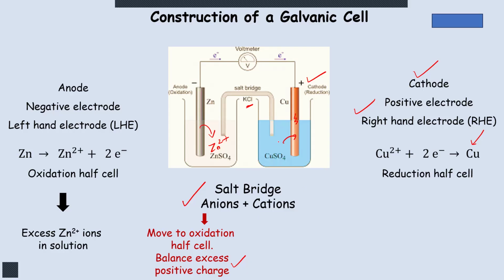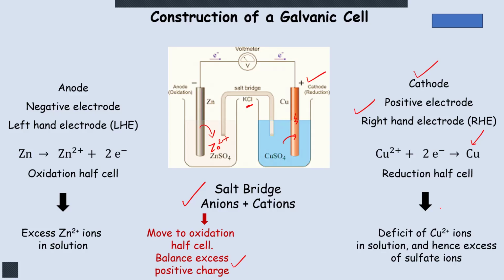Now what is happening in the copper sulfate solution? Since copper 2 plus ions gain electrons and get deposited on the copper rod, there will be a shortage of copper 2 plus ions in the solution. We can say there will be unbalanced sulfate ions in the solution, which means there will be a net negative charge in the solution.